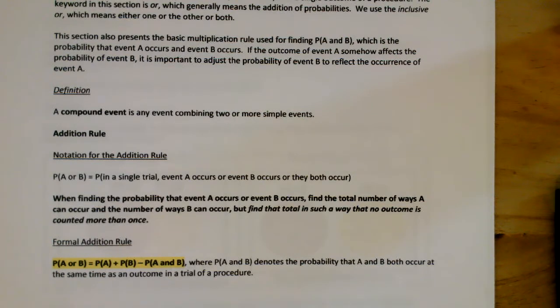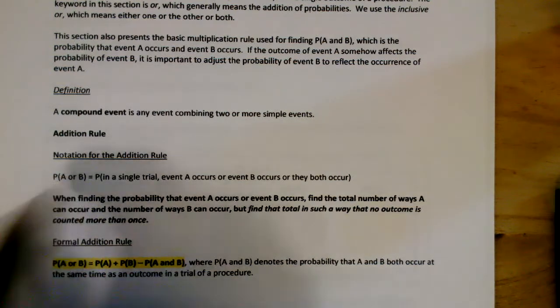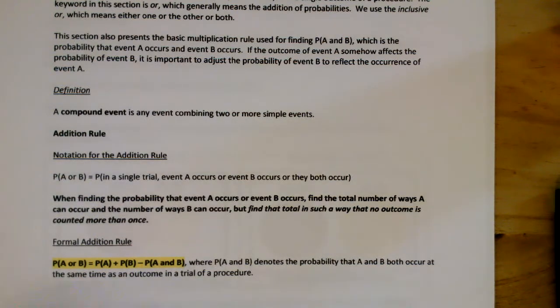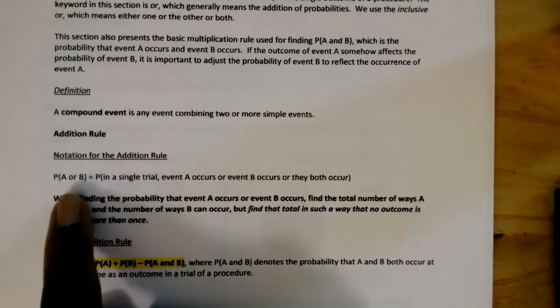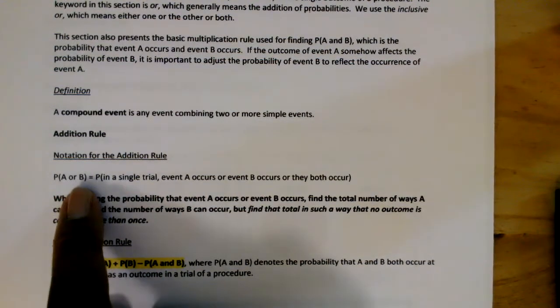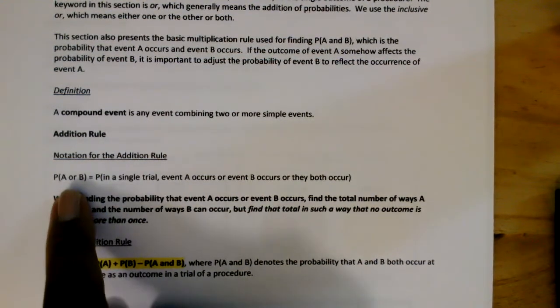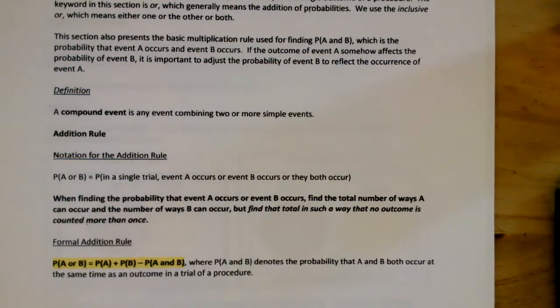All right, now the first rule we'll talk about is the addition rule. And that's this: the probability of A or B, and this is the notation. That means that probability in a single trial, event A occurs or event B occurs, or they both occur. So here we're using that inclusive or in this section.